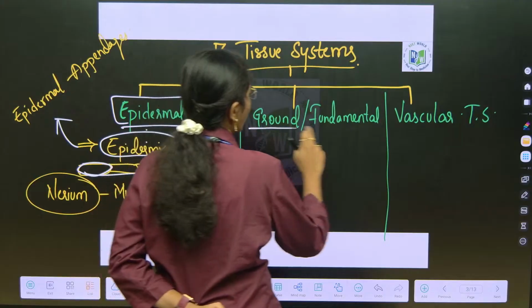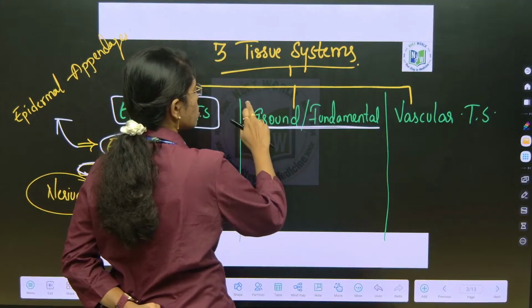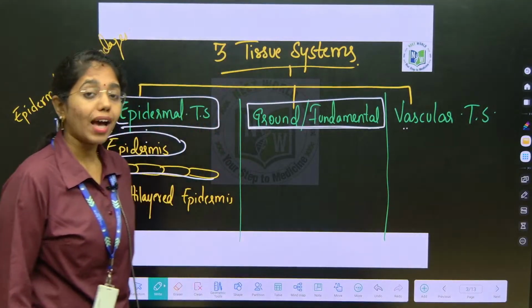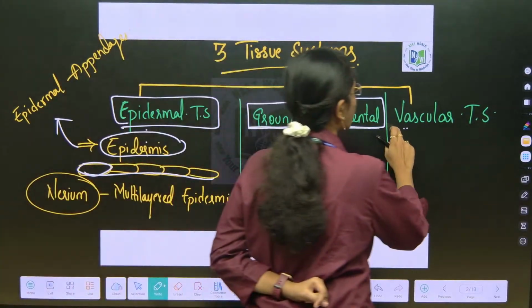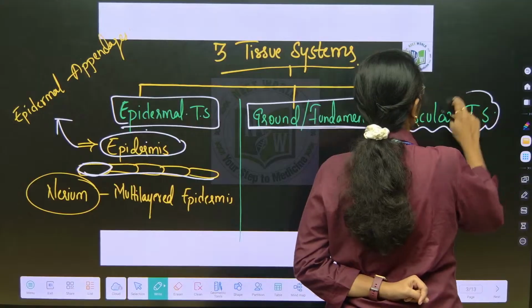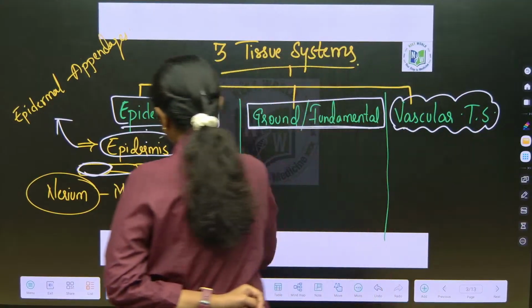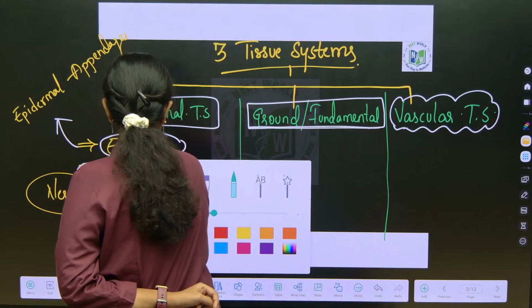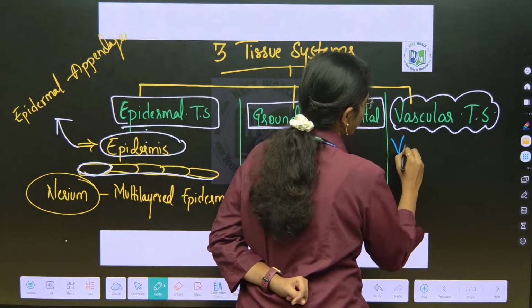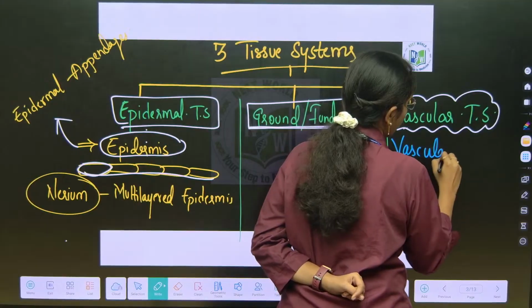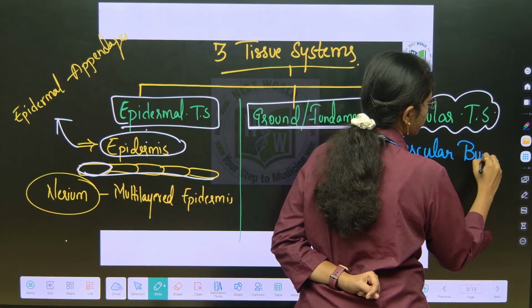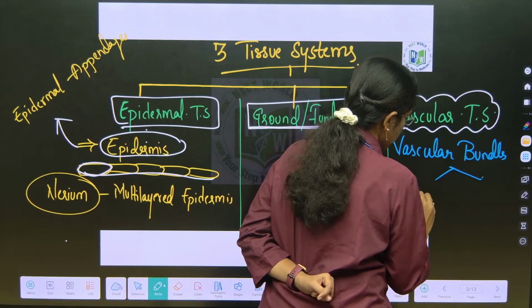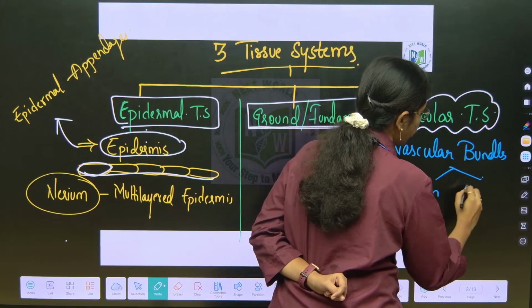Next is the ground tissue system or fundamental tissue system. We will come to this after looking into the vascular tissue system. The vascular tissue system includes the complete vascular bundles, only vascular bundles, which include xylem and phloem.